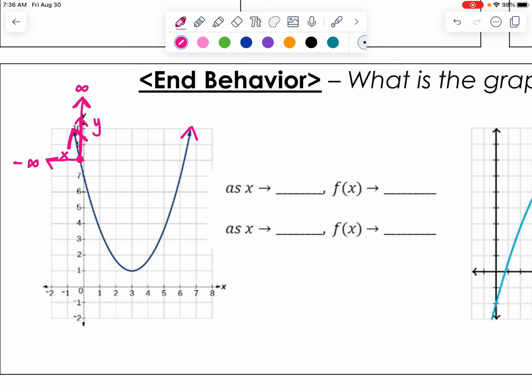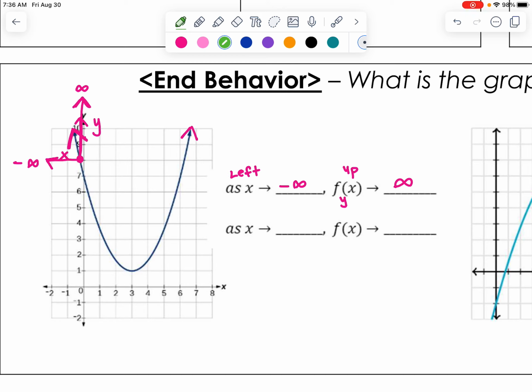That is one line of our end behavior. As x approaches negative infinity, really we're saying as x goes to the left side of the graph, f of x, which is really just y, moves towards positive infinity. The y is going up.